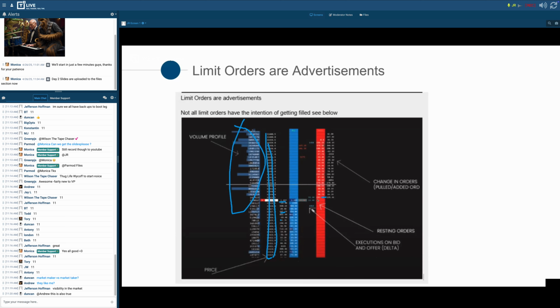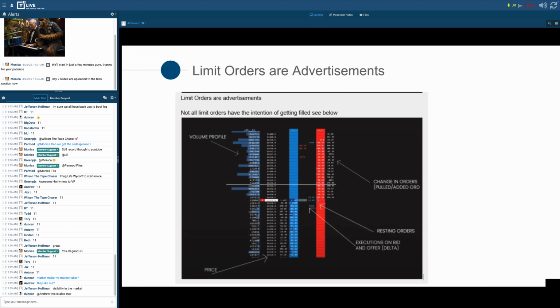Here you see labeled executions on the bid versus the offer, so that's your volume delta, okay? And a lot of these DOMs have change in order, so you can actually see how these orders are changing as prices fluctuate, right?